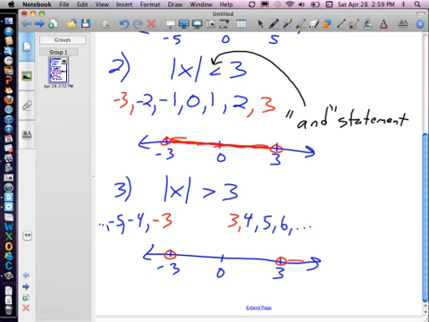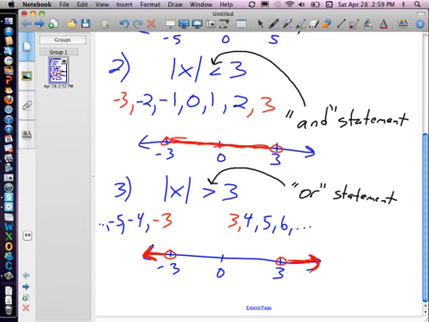Except now we're shading to the outside because everything larger than 3 or everything smaller than negative 3 fits in to solve that inequality. So like I just mentioned, this is an OR statement. So when the absolute value is greater than 3, you're looking at an OR statement. When the absolute value is less than 3, you're looking at an AND statement.